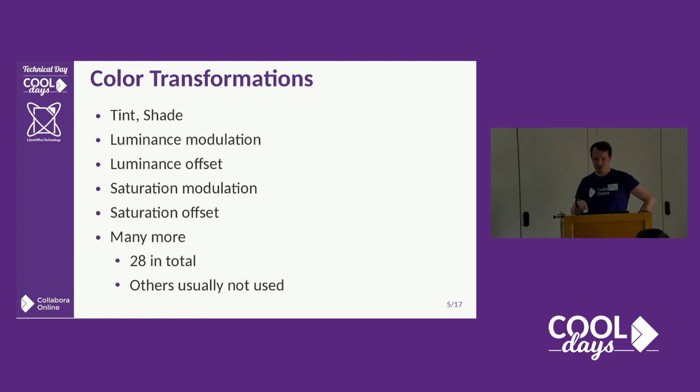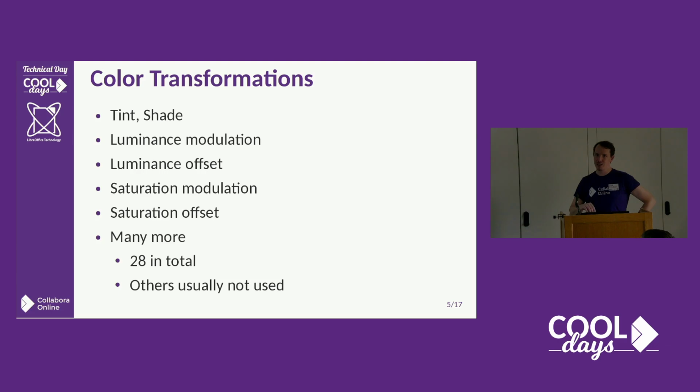I didn't go into details how this is changed, but there is inside the specification how you can calculate the modification of luminance and offset. But luminance is very similar to the tint and shade.